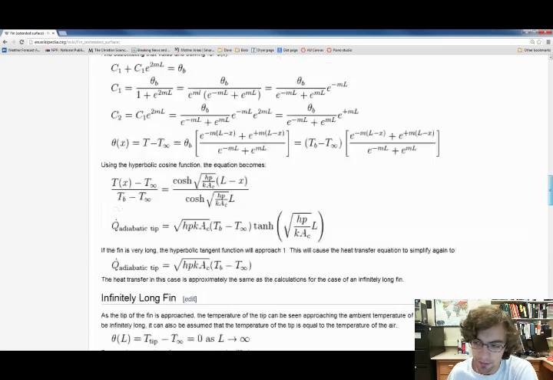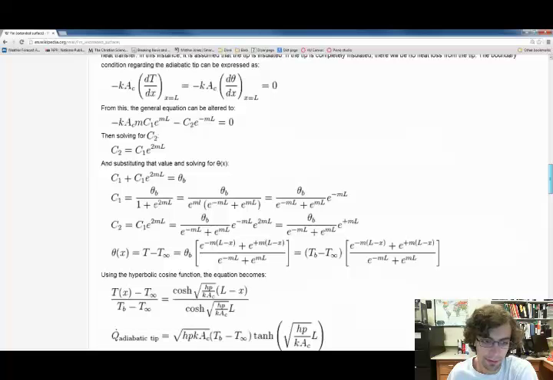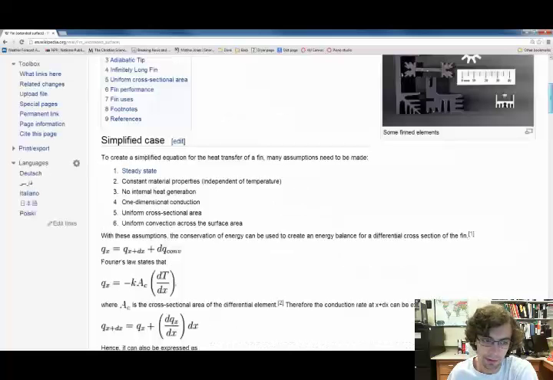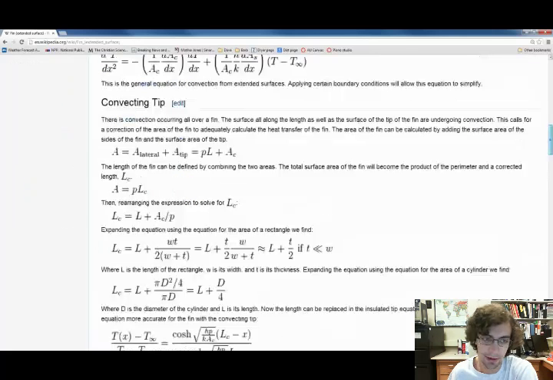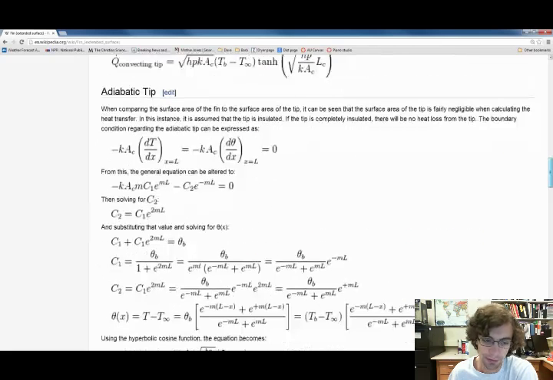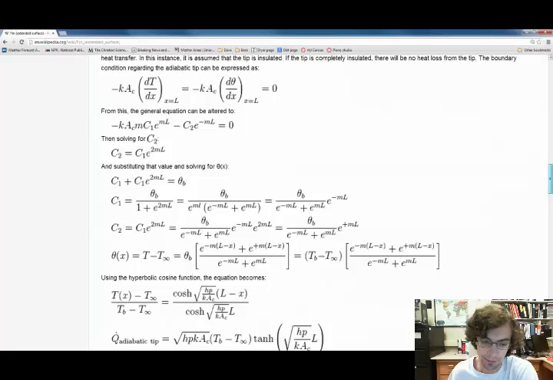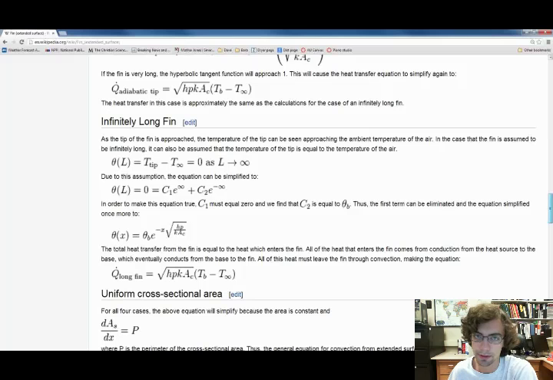But basically the main thing to note is that there are different assumptions for cooling fins. So you can have ones that convect from the tip, the end portion of the cooling fin, or adiabatic tips. The assumption that you will likely make for this experiment is that the cooling fin is infinitely long.